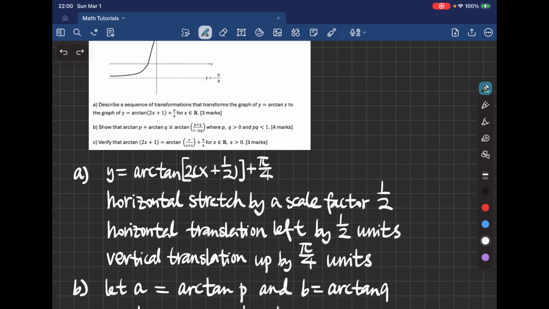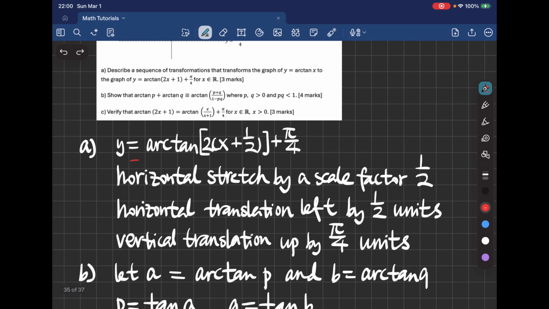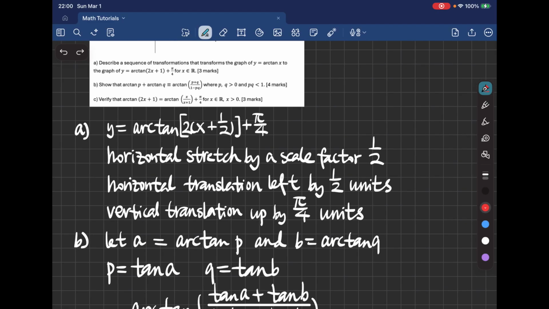So notice that you have 2x plus 1 here, but you need to factor out the 2, so you have 2 times x plus half in there, right? So you rewrite it this way, and then now you can describe the transformations properly.